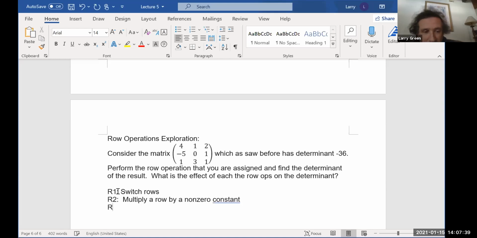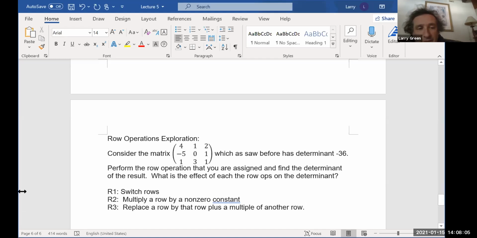And R3 is to replace a row by that row plus a multiple of another row.